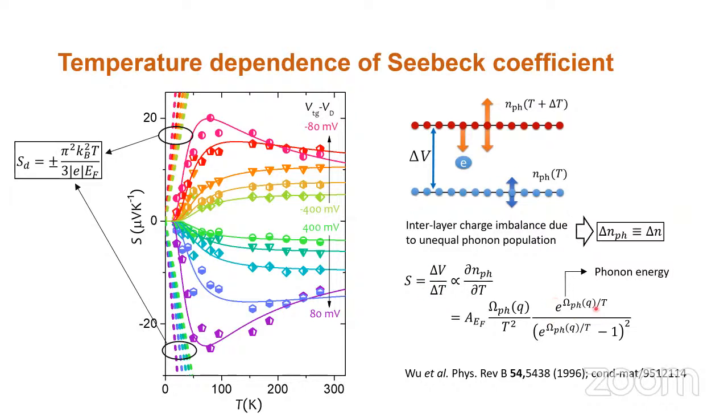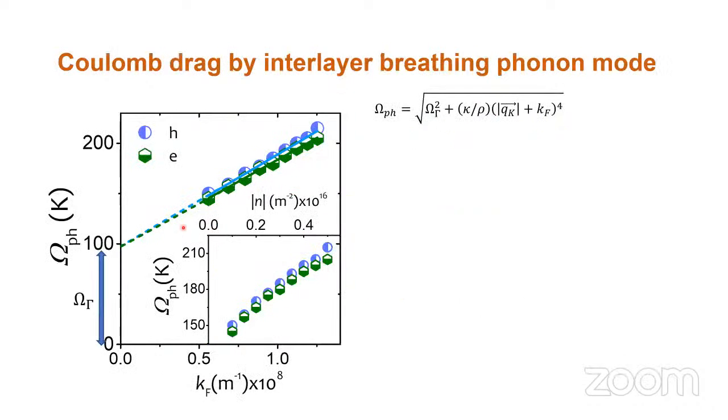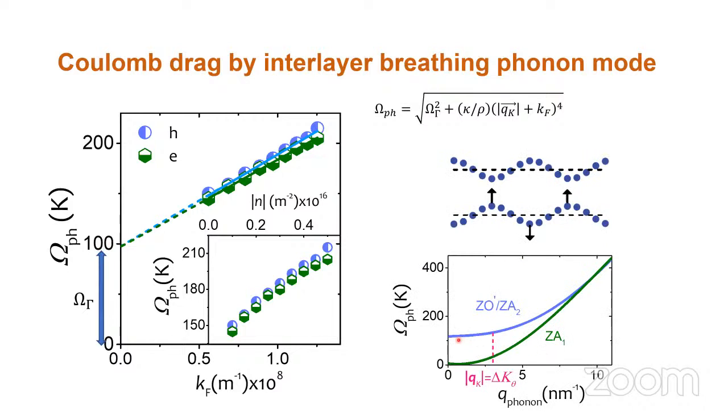To verify which phonons, this energy can be plotted as a function of density, because the density is what is varied. When you extrapolate to zero, the center of the Brillouin zone, you see the energy of the phonons is 100 K, which is precisely the energy of the ZO modes, or the out-of-plane breathing modes.